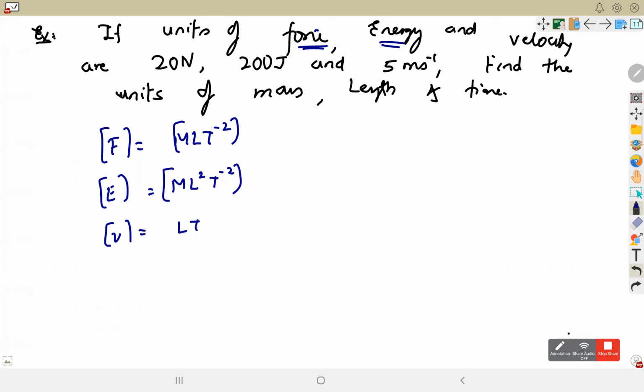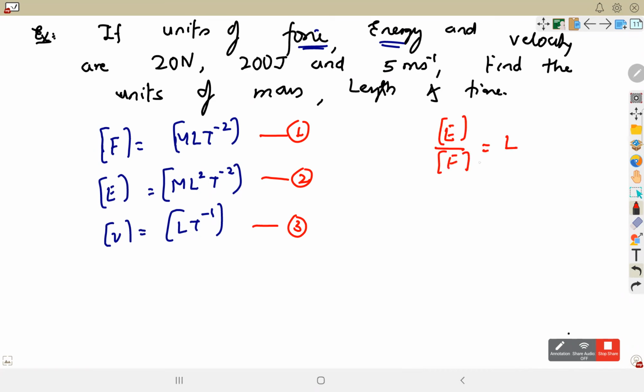Say, for example, if we have to find the length dimension, is it visible that if we divide energy by force, it will become length? Yes, sir. So similarly, length is done.